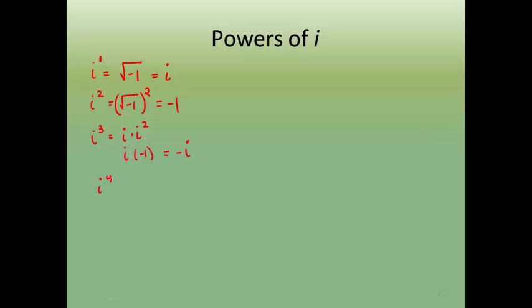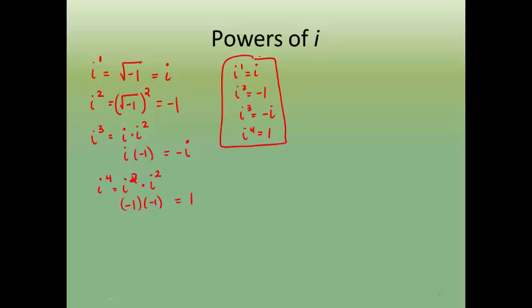Then we take I to the fourth. Well, I to the fourth is actually I squared times I squared, which is like -1 times -1, and that equals +1. So we can make a very simple chart here: I to the first equals I, I squared equals -1, I cubed equals -I, and I to the fourth equals +1.